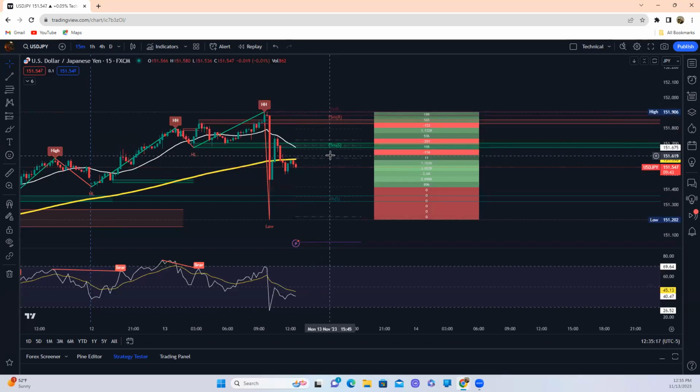It liquidated the orders that were at these levels. It mitigated. But what we don't necessarily see is, look, price broke through here, liquidated. Even though this was liquidated, there's still, as you can kind of see right here, some orders here.